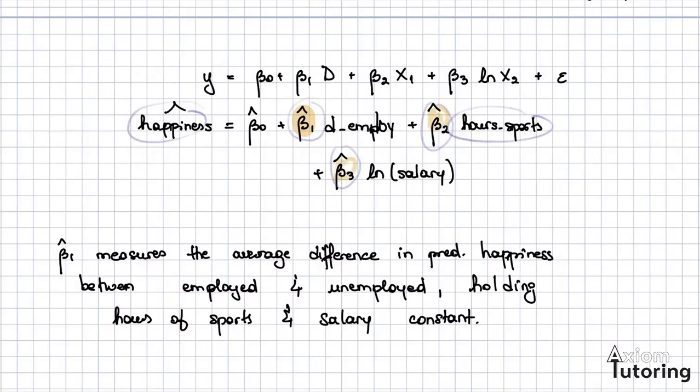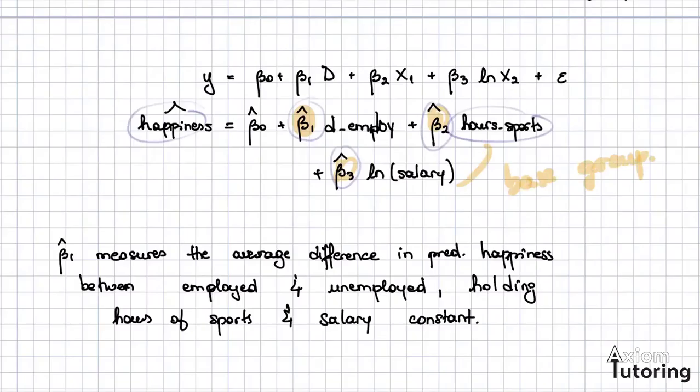Do they estimate these changes in happiness for people who are employed or for people who are unemployed? The short and quick answer, but keep in mind that we'll see the actual reasoning behind it in a separate video, is that the beta 2 and the beta 3 hat, unfortunately, only give you information at this stage for the base group.